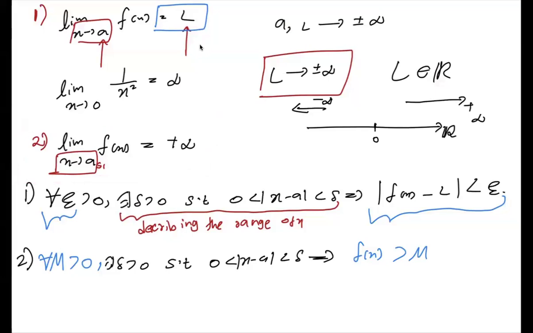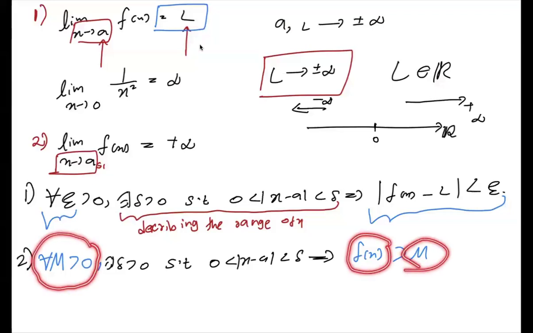So what this means is, if you give me any positive number, your function is greater than that positive number. The notation M is not significant, you can use any number, but I just use M as a convention.